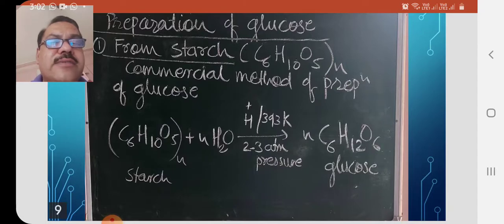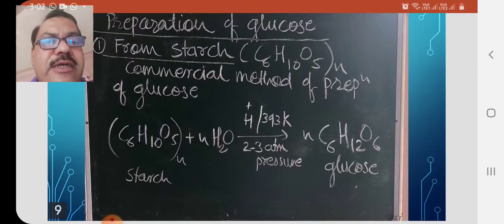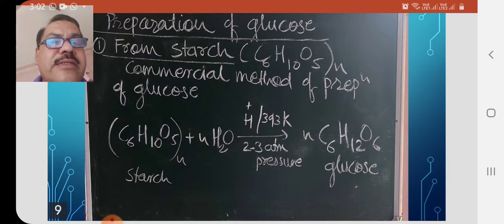When starch, that is (C6H10O5)n, many of these C6H10O5 units are linked with each other, is heated with water in the presence of sulfuric acid at 393 Kelvin at 2 to 3 atmospheric pressure, the condition is 393 Kelvin, very important to remember, and the pressure is 2 to 3 atmospheric pressure. So n number of glucose molecules are formed.